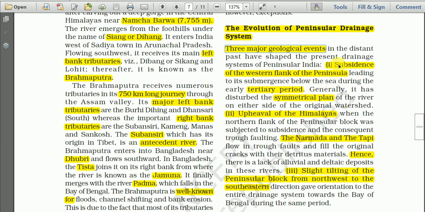The first one is the subsidence of the western flank of the peninsula, leading to its submergence below the sea during the early Tertiary period. So between 55 to 65 million years before present, the western flank of the peninsular plateau was submerged below the sea.